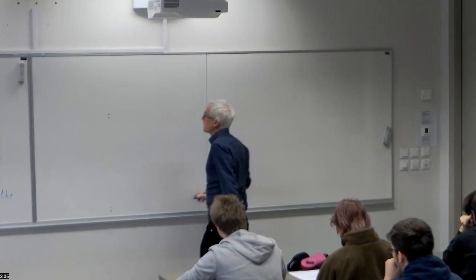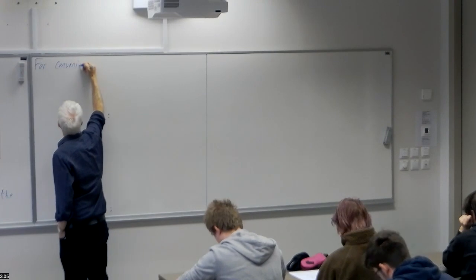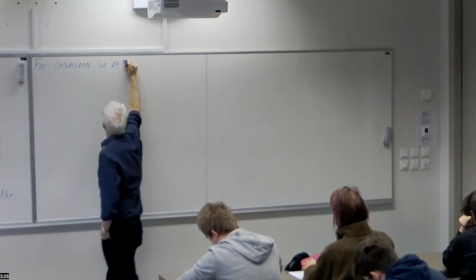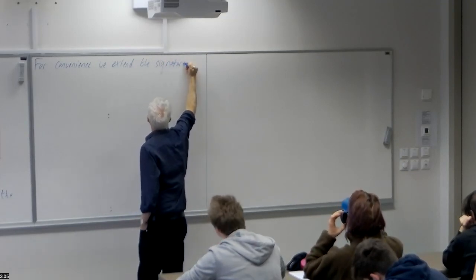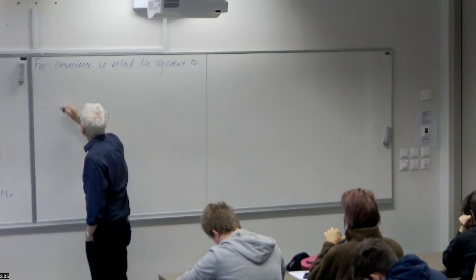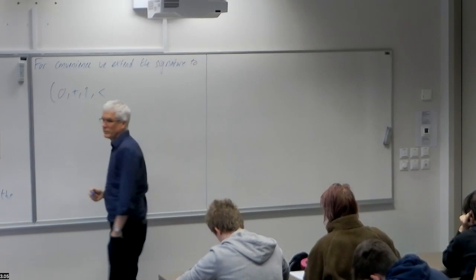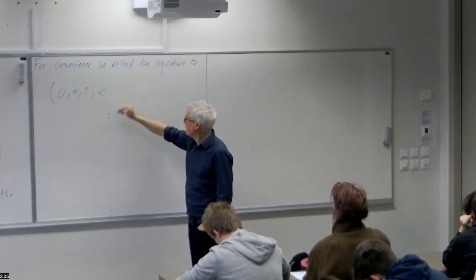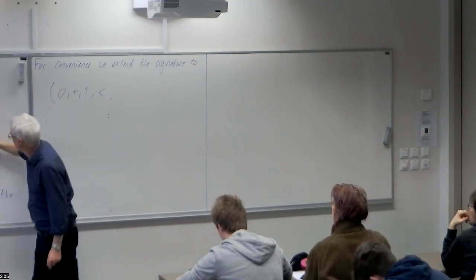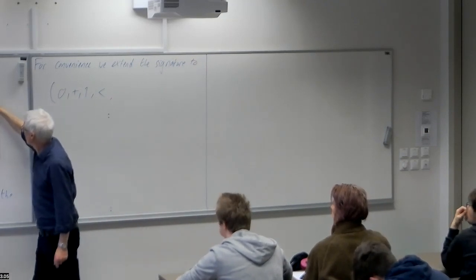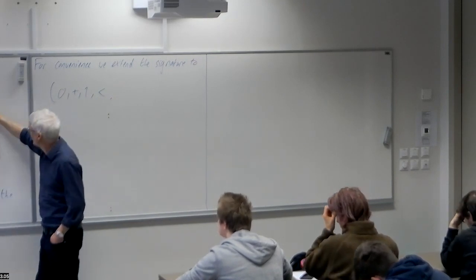What we're going to do is extend the signature. So a new signature is going to be, well, we're extending it, so we still want everything that we had before. I suppose I should have said this is a binary predicate symbol, whereas these are obviously the constants and this is the binary function symbol.